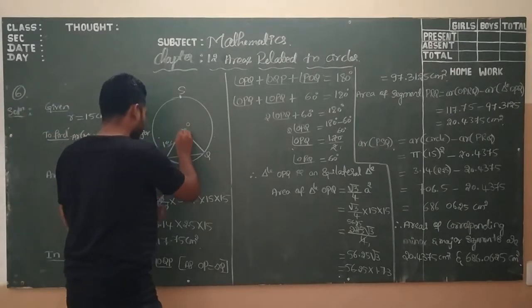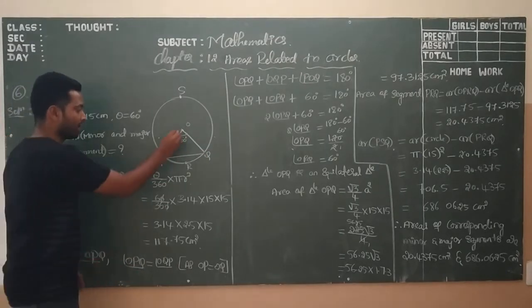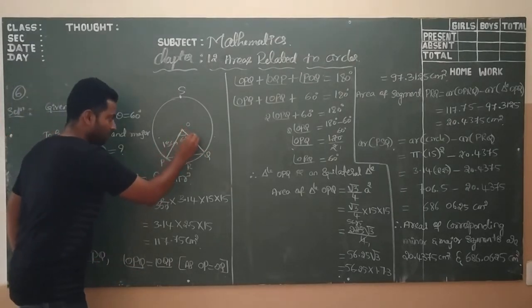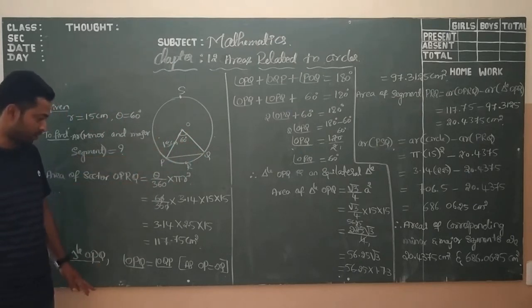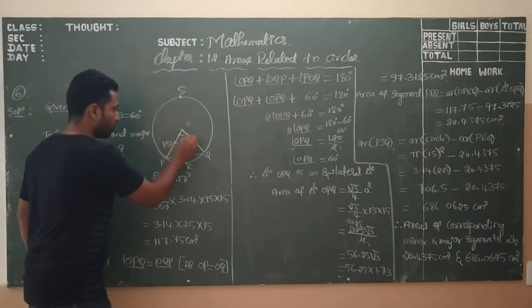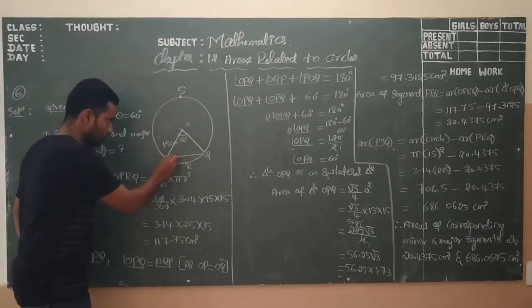See, these two radii are of equal length, that is 15 centimeter. So angle OPQ equals angle OQP, because it is an isosceles triangle. If OP equals OQ, then angle OPQ equals angle OQP.